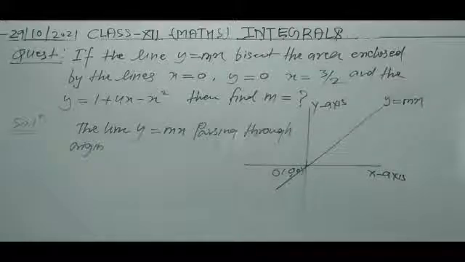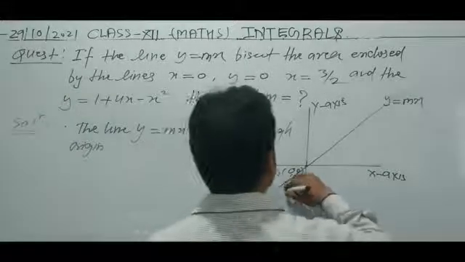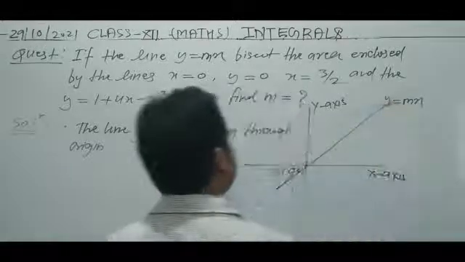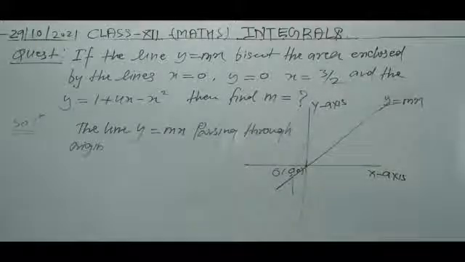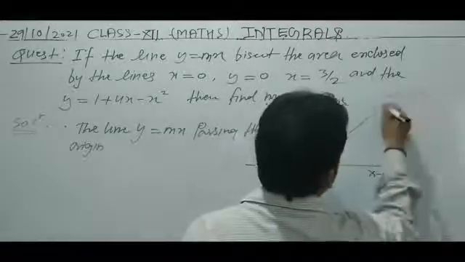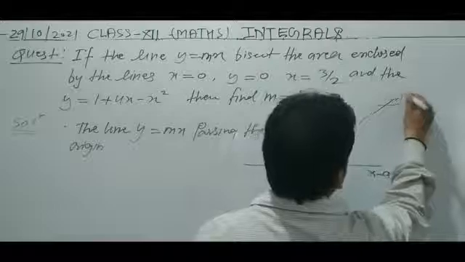When you draw y is equal to 1 plus 4x minus x square, you will get this type of parabola or curve. Here is the intersection of the line and the curve.